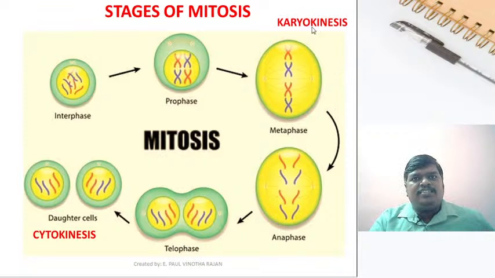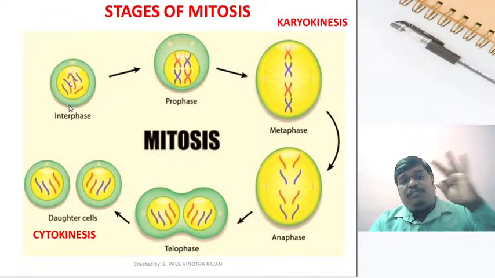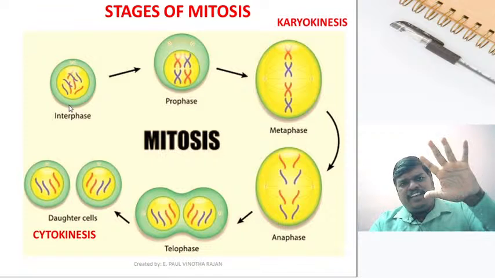What is karyokinesis? Karyon means nucleus, kinesis means division. The nuclear division process takes place. Whereas the final separation of the two cells, the separation of the cytoplasm, is called cytokinesis. So altogether we have interphase, prophase, metaphase, anaphase, telophase. So five phases are there.